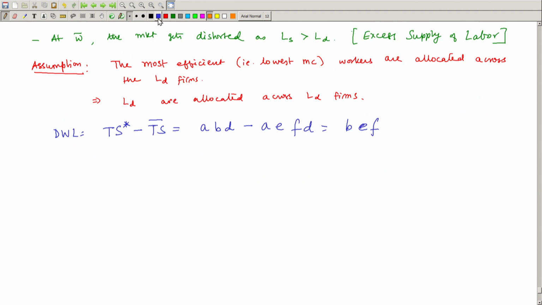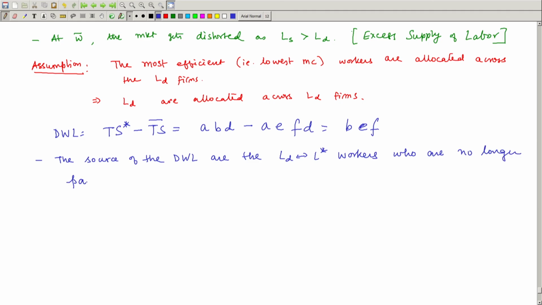So, let us make a note of that. The source of the deadweight loss are the LD to L star workers who are no longer employed, who are no longer participating in the market.